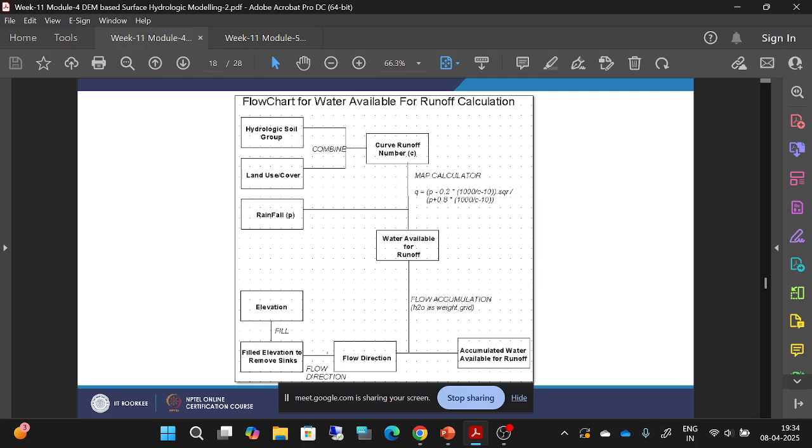Then the land use land cover map is important. Then we have the precipitation data, okay, and all of these combined you will have the surface runoff number method, which you can just make use of. And then you will have the water available for runoff, and your elevation.